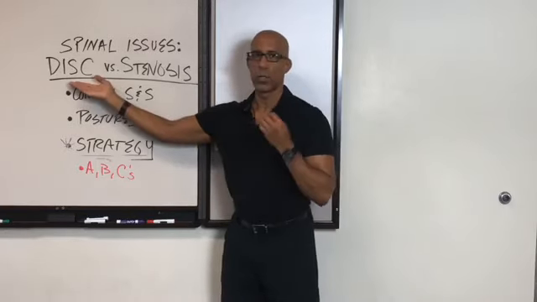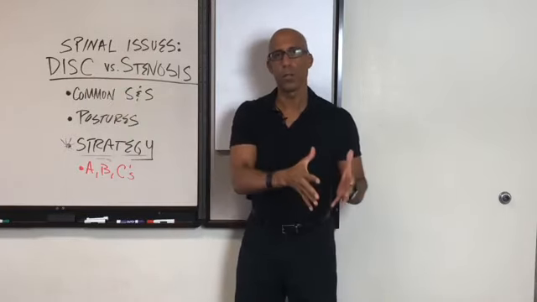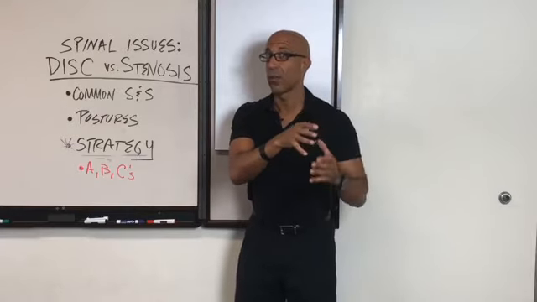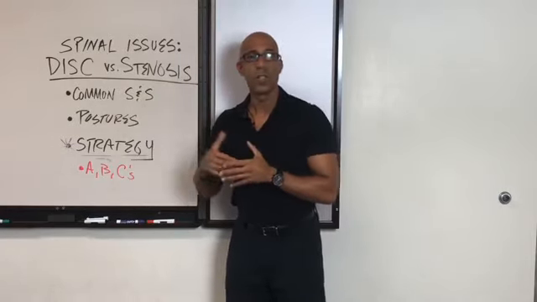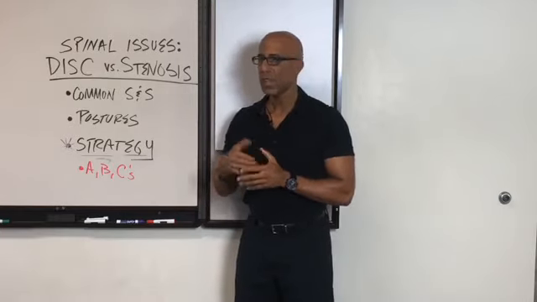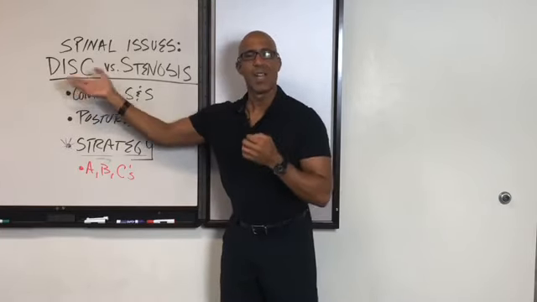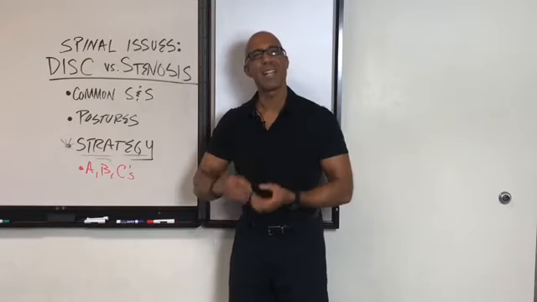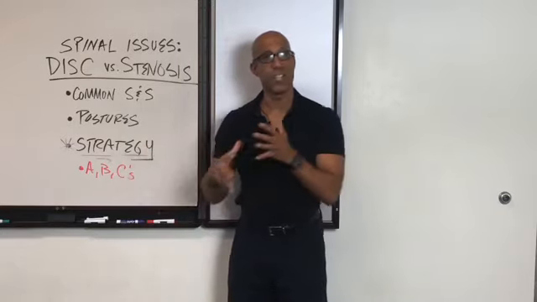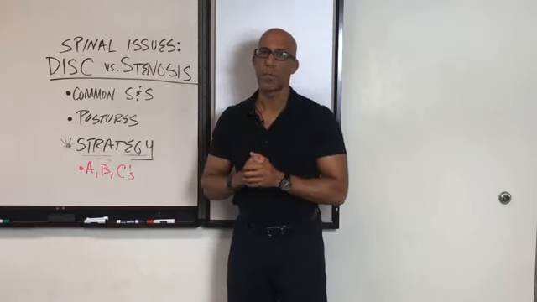Your clients with disc issues generally are your younger individuals. So those are the clients that are more around teens to their 30s, 40s, and maybe even into their 50s. These individuals with disc issues tend to have more problems with prolonged positions, and especially flexion-based or flexion-biased positions. So what are flexion-biased positions?